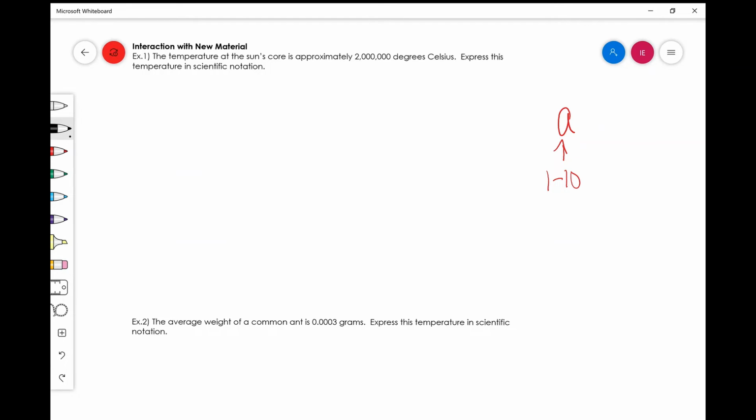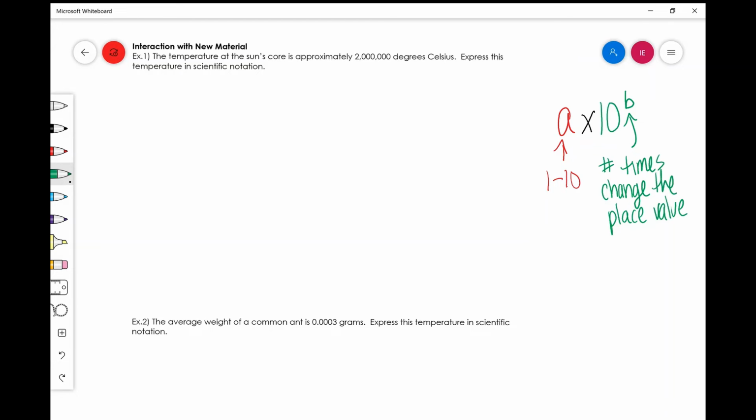We multiply by 10 to some other power. That power B is the number of times we change the place value, which can mean either adding a lot of zeros after our number or moving our decimal place over to make a really small number.